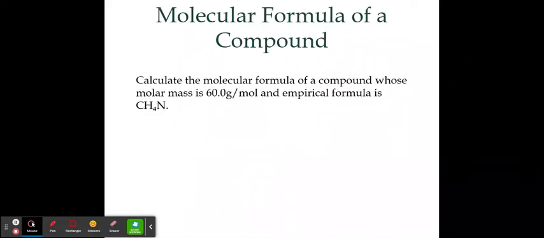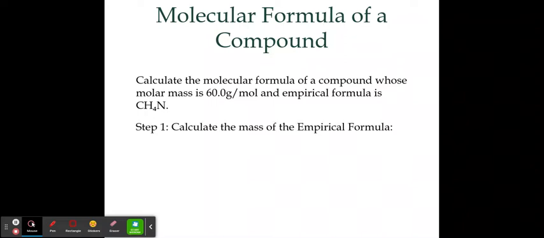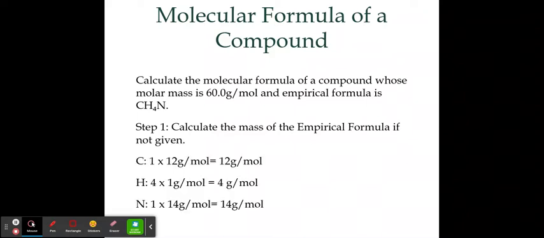Okay, let's look at an example. Calculate the molecular formula of a compound whose molar mass is 60 grams per mole and empirical formula is CH4N. Now, step one is to calculate the mass of the empirical formula if it's not already given. In this case, we have one carbon, 4 H's, and 1 nitrogen.